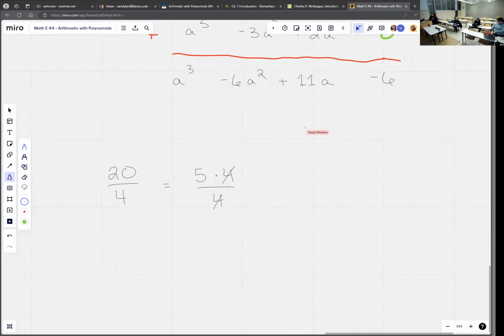The 4's cancel, and we get 5/1, which is 5. I could also write this as 20/4 and divide top and bottom by 4, and then we get 5/1, which is 5. Everyone happy with both of those things?